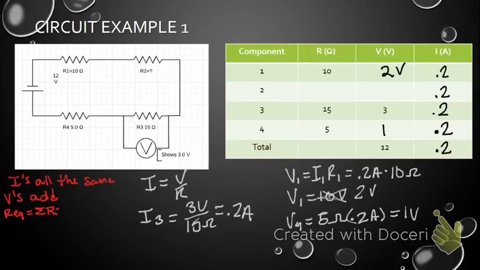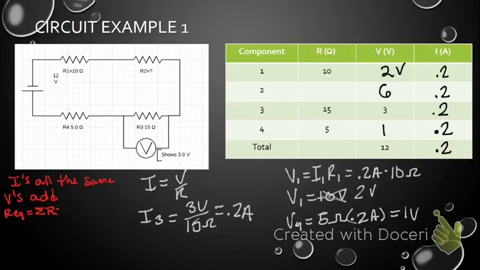All right, so if I subtract everything else away from that 12, I'm left with the voltage that my second resistor is going to consume. 2 plus 1 plus 3 is 6. 12 minus 6 is 6. So we can see the voltage consumed by 2 is going to be 6.